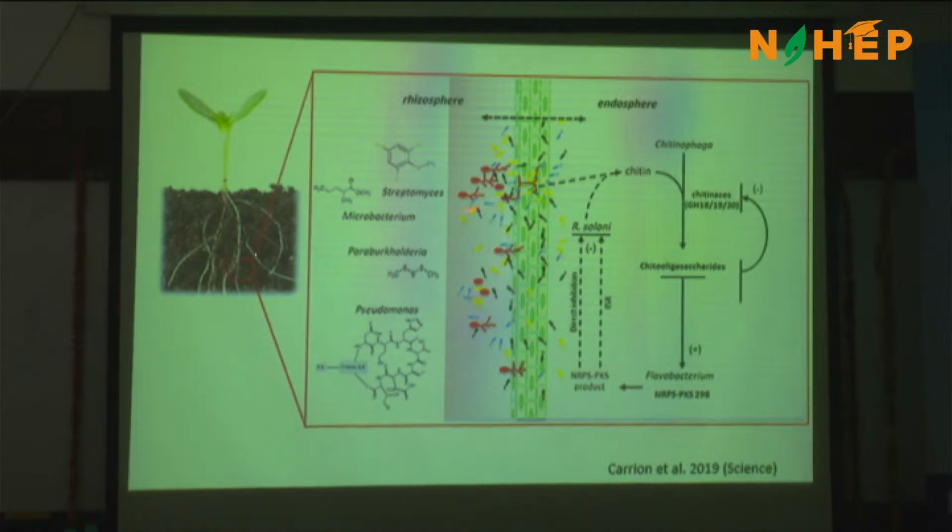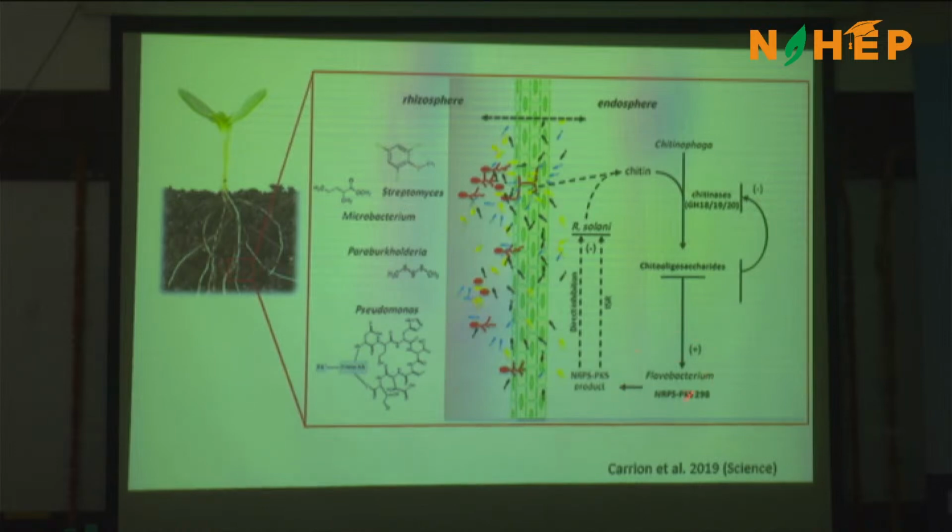So how do we think that it's working? Well, we think that Rhizoctonia tries to enter, then chitin is released or broken down by the plant or by the bacteria. We don't know. Then Chitinophaga will degrade these fragments of chitin, and what we think is that these chito-oligosaccharides are activating Flavobacterium.